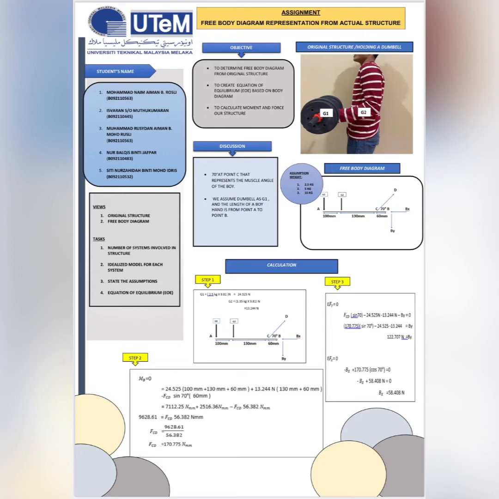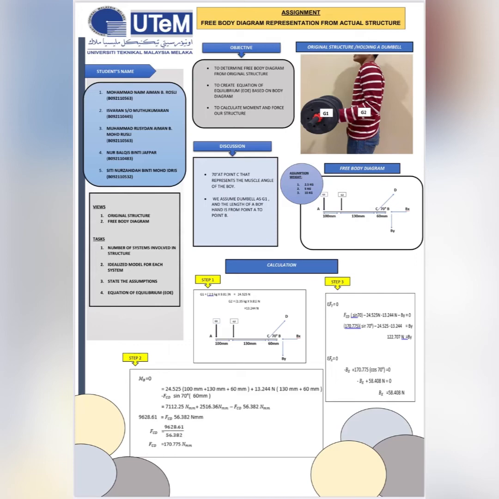G2 equals 1.35 kilogram times 9.81 gravity, equals 13.244 N using a calculator. The 1.35 was actually located along the boy's arm at G2.